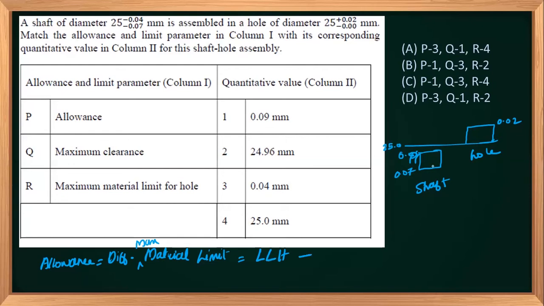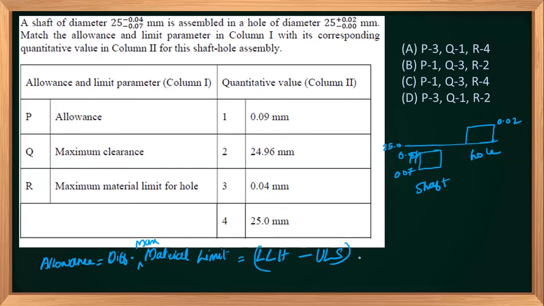What will be the maximum material limit of the shaft? When will the shaft be maximum? When it has the upper limit. So the lower limit of the hole minus the upper limit of the shaft, because this is the maximum material limit. The material will be maximum when the hole size is 25.00, not 25.02, since then the material is less. So this is the definition of allowance.